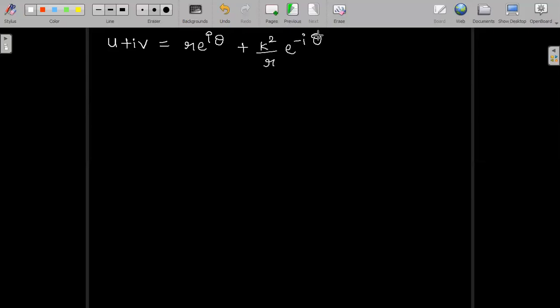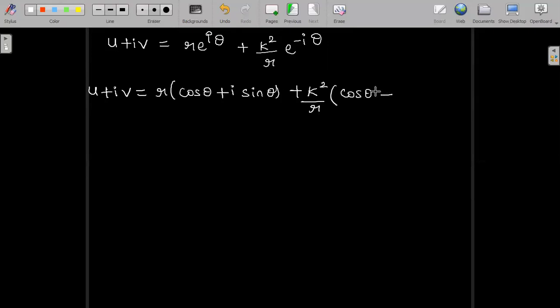Now I can substitute e power i theta as cos theta plus i sin theta, and here e power minus i theta as cos theta minus i sin theta. Both LHS and RHS we substitute. So u plus iv is equal to r into cos theta plus i sin theta, plus k square divided by r into cos theta minus i sin theta.